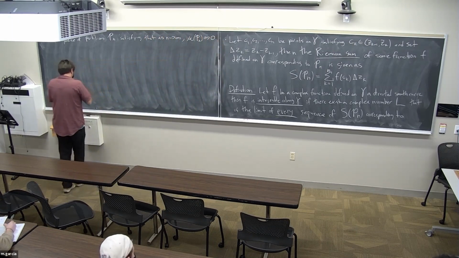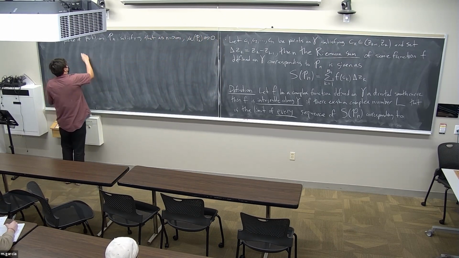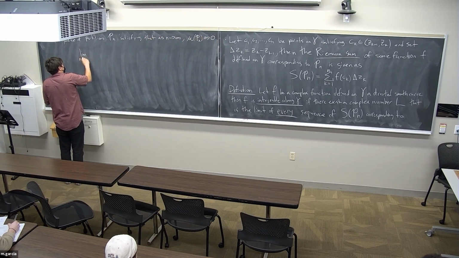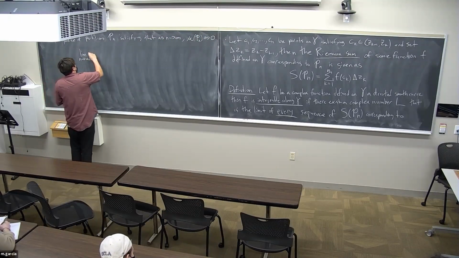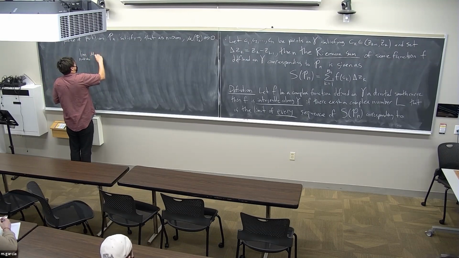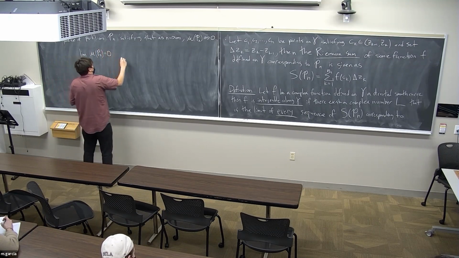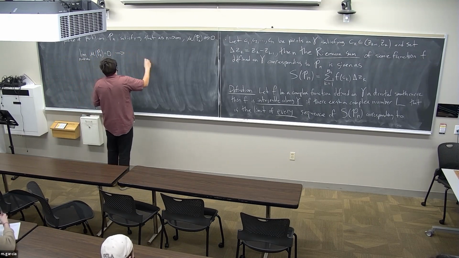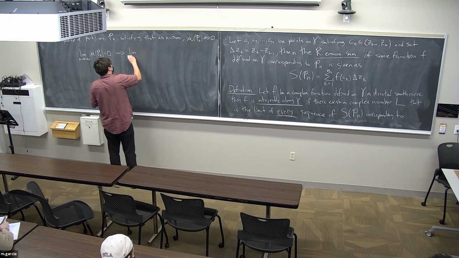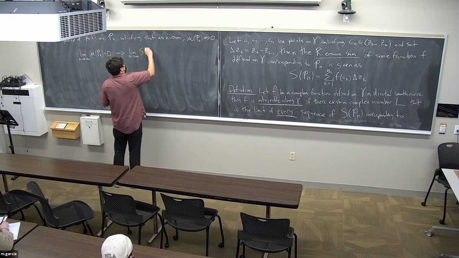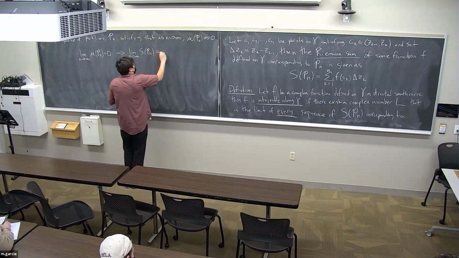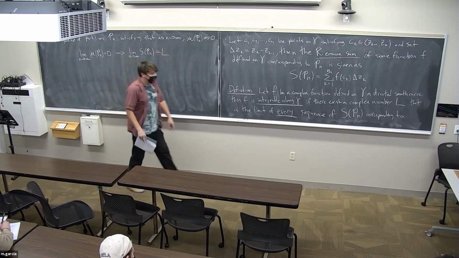Okay, so in summary, let me just write this in terms of limits. This is to say, if the limit of the mesh of a sequence of partitions of gamma as n goes to infinity equals 0, this implies that the limit as n goes to infinity of the sequence of related Riemann sums to this sequence of partitions equals L, this complex number.